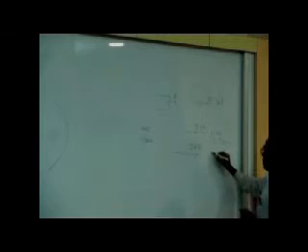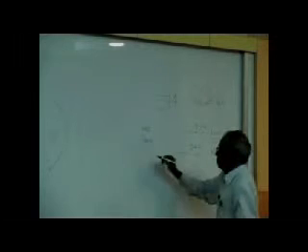Right? In the rest frame, after collision, the velocity of the ball will be v plus u in the opposite direction. Right? This is before collision, and this is after, in the rest frame of the truck.